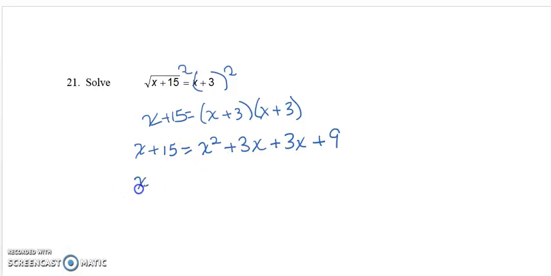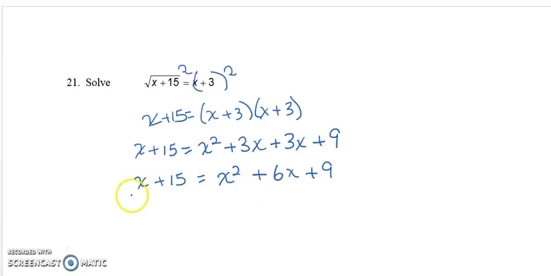Alright, so I said combine the 3x plus 3x, that's 6x. Okay, so let's go ahead and rewrite. Okay, so again, 3x plus 3x is 6x. Alright, so now we have a quadratic equation. So to solve quadratic equations, we need to move everything to one side, put it in standard form, and then solve it by factoring or grouping or the quadratic formula. Okay, so let's go ahead and move everything to one side.